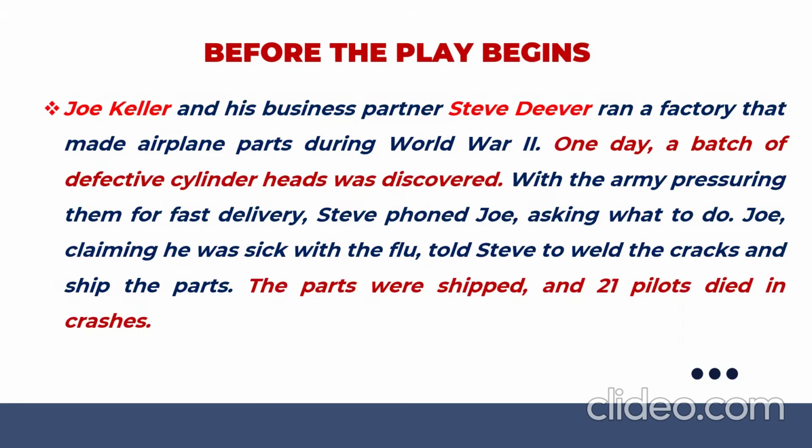So he told Steve to weld, to do the welding of the cracks, and just ship the parts. That means, send the parts. The parts were shipped, and because of those defective parts, what happened? 21 soldiers, 21 pilots, died in an air crash during World War II.